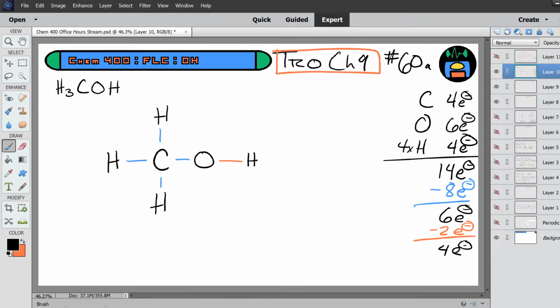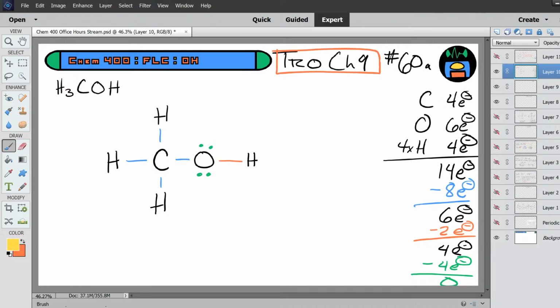Now when you look at octet rules, hydrogen is satisfied, right? It only ever wants 2. It wants to be like helium. Carbon has 8 electrons. Its octet rule is satisfied. Oxygen, as drawn, has access to 4 electrons. It needs a total of 8, so we're going to spend our last 4 to give oxygen some lone pairs.